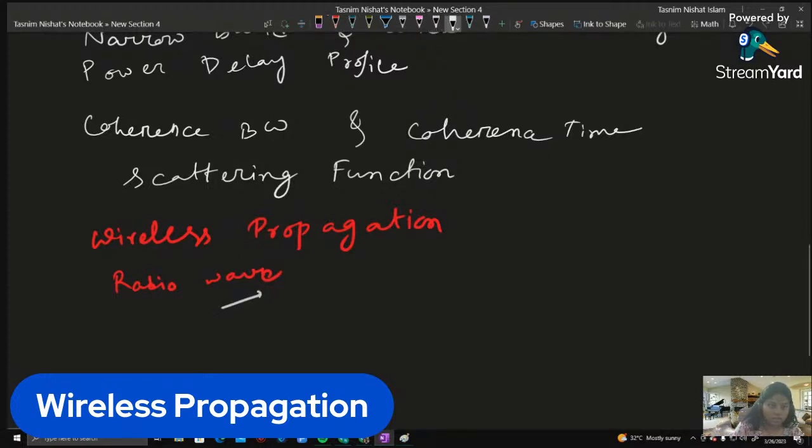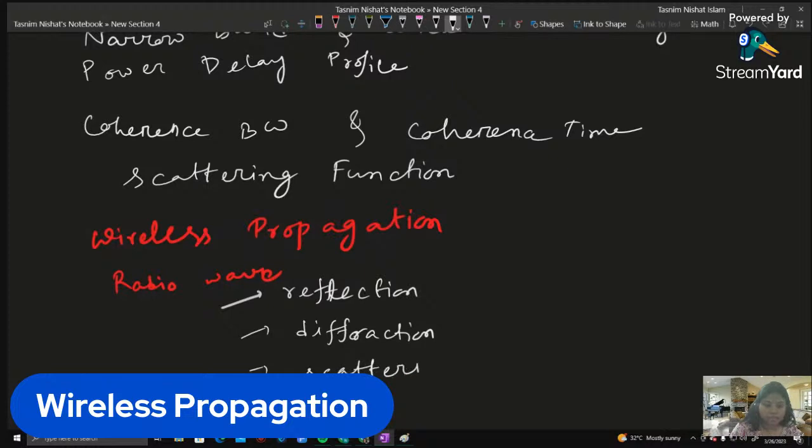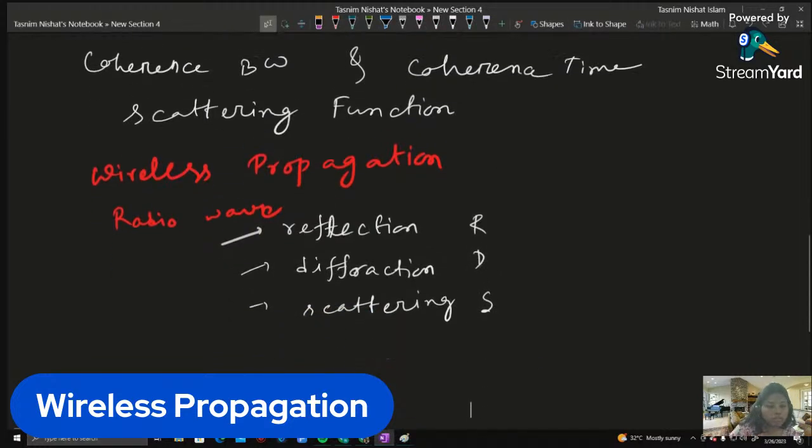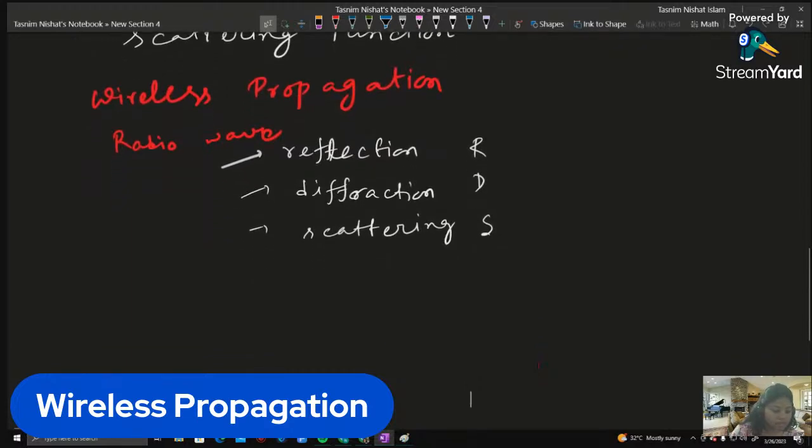One is reflection, and one is diffraction, and one scattering. Reflection, diffraction, scattering, which is RDS. And then these properties can create different signal instances.